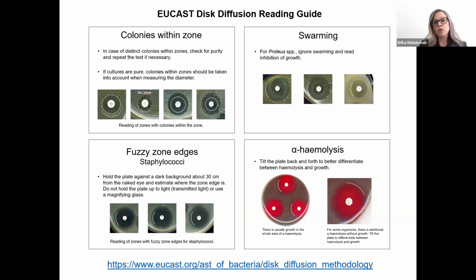Not looking too close, not using a magnifying glass, for example, but it also contains examples with what to do when you have colonies within the zone, swarming, etc. We also know that it might be difficult to differentiate between growth and hemolysis for hemolytic organisms. And there we recommend that you tilt the plate back and forth to see if there is growth in the area where you have hemolysis.